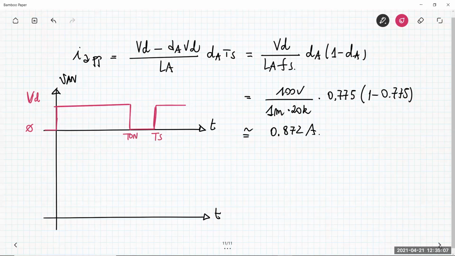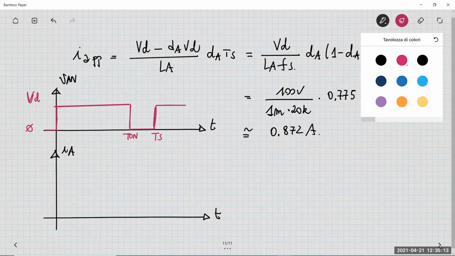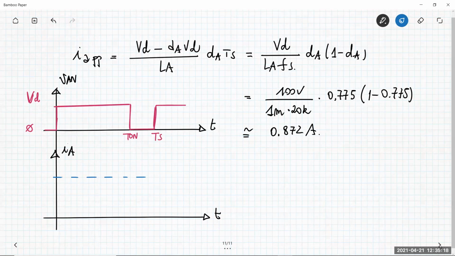For the current, you have IA, let's say, contribution, which is the DC contribution. This contribution is 5 amp. Okay, and superimposed on this constant level, you have the small ripple, 0.872. So it's something like this.